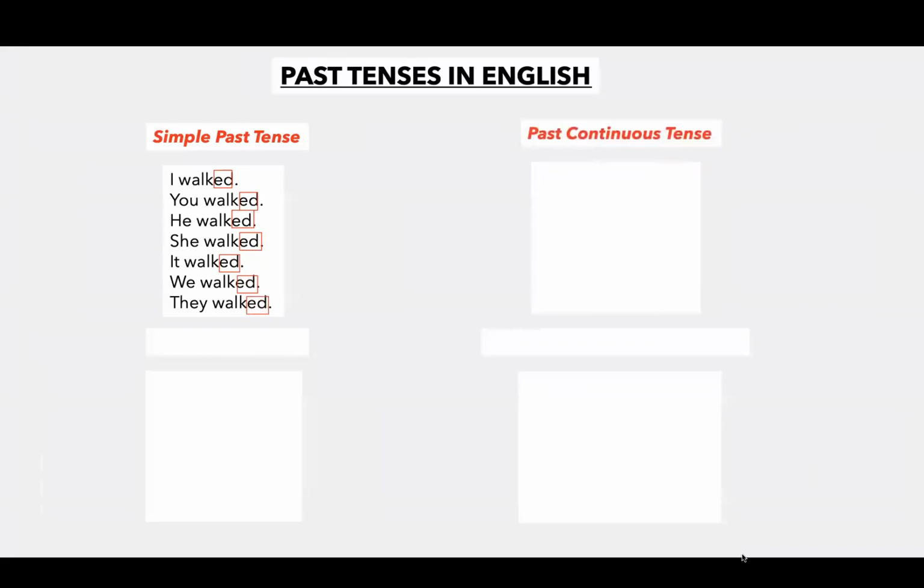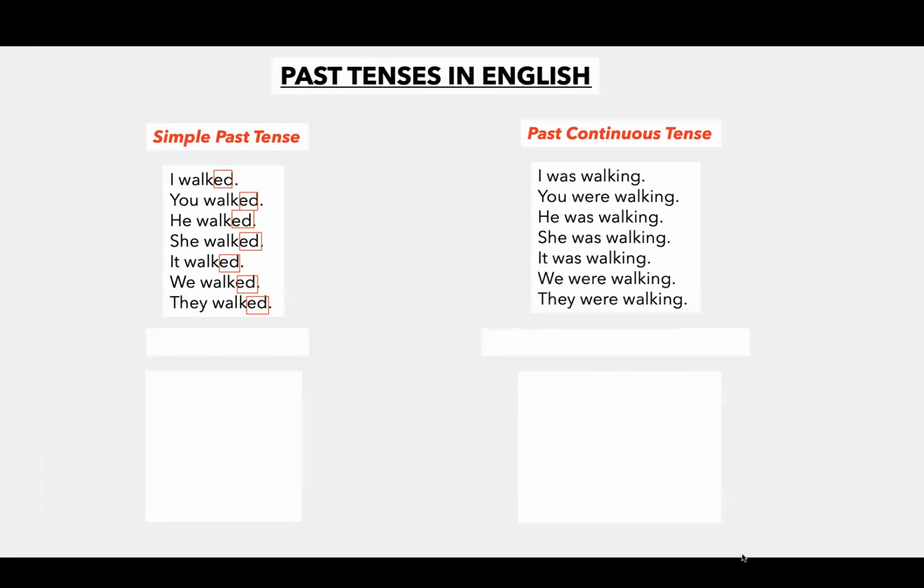And the next one is past continuous tense. Again, you see the title of the verb tense includes the word past. That's why these are in the past tense category, not present. So in past continuous tense, we have was, were. With the subject I, we have was, you were, he, she, it was, we and they were, plus verb ing.